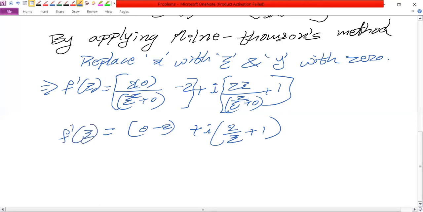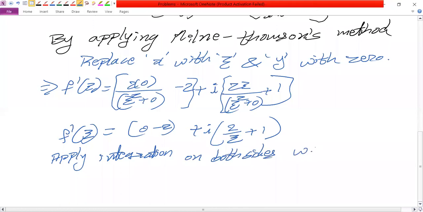What we discussed earlier in the procedure, f dash of z will be only in terms of the z variable. And then how to do our problem? As we discussed, apply integration on both sides with respect to z.